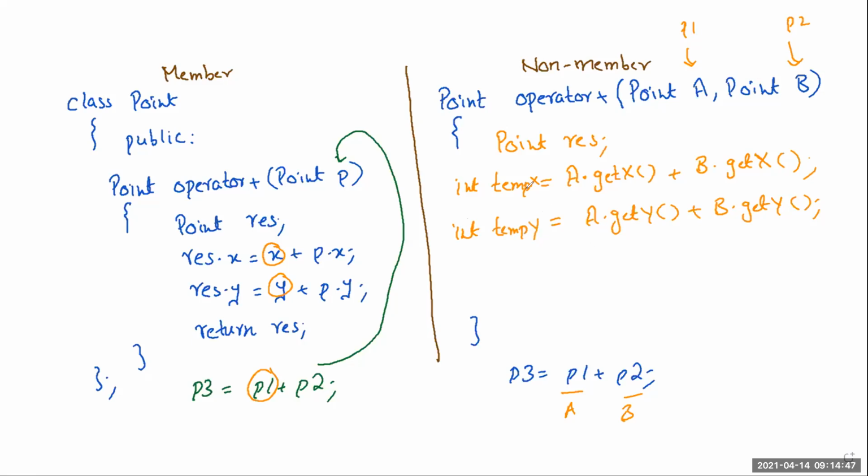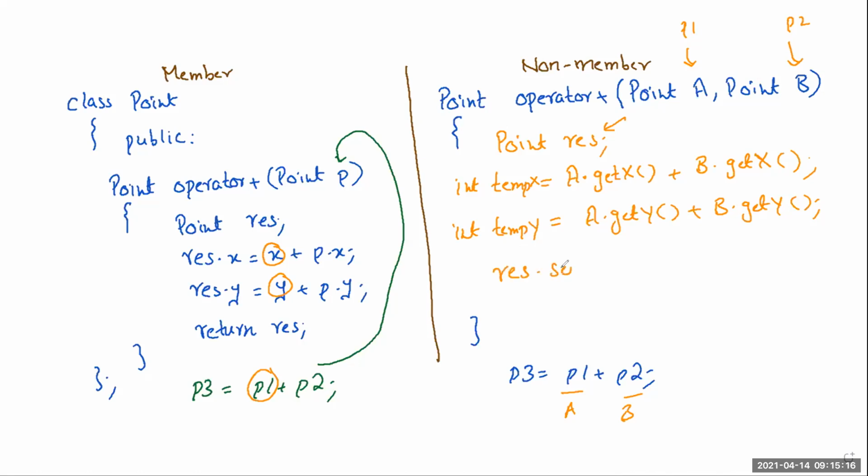Now you have the addition of x coordinates in the variable tempX, and the addition of y coordinates in the variable tempY. Now you need to set this result. Again, I cannot write result dot x, right? Previously we were doing result dot x, but now we cannot do it because we are outside the class and x is a private data member. So what we need to do, maybe you can either use a constructor or you can call the set function.